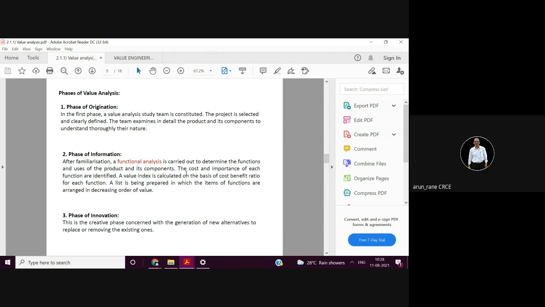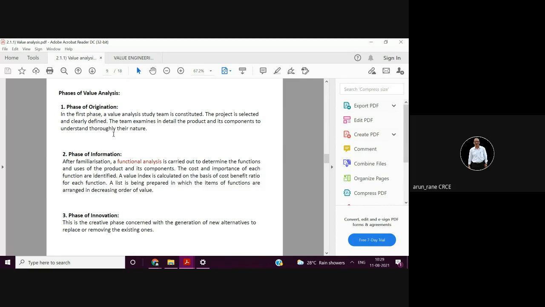So what are the phases of value analysis? First is your phase of origination. That is, you have to constitute the team.